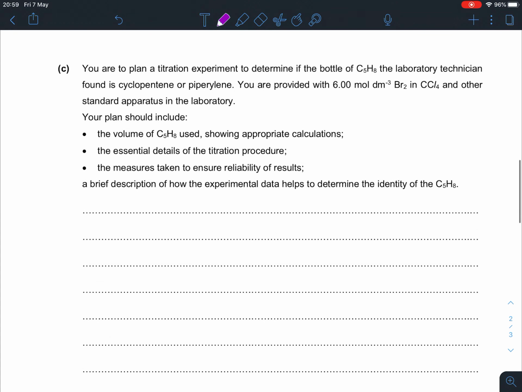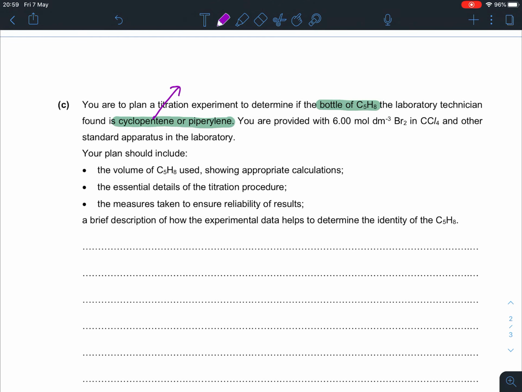We're going to move on to the planning question, in which you need to plan an experiment to determine if the bottle of C5H8 is cyclopentene or piperylene. And what we know is the difference is based on the fact that the amount of bromine that's required is different.